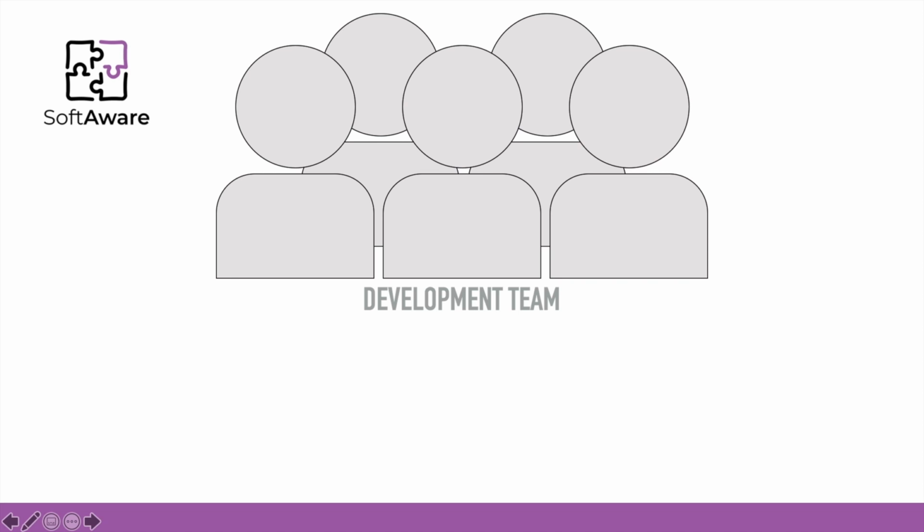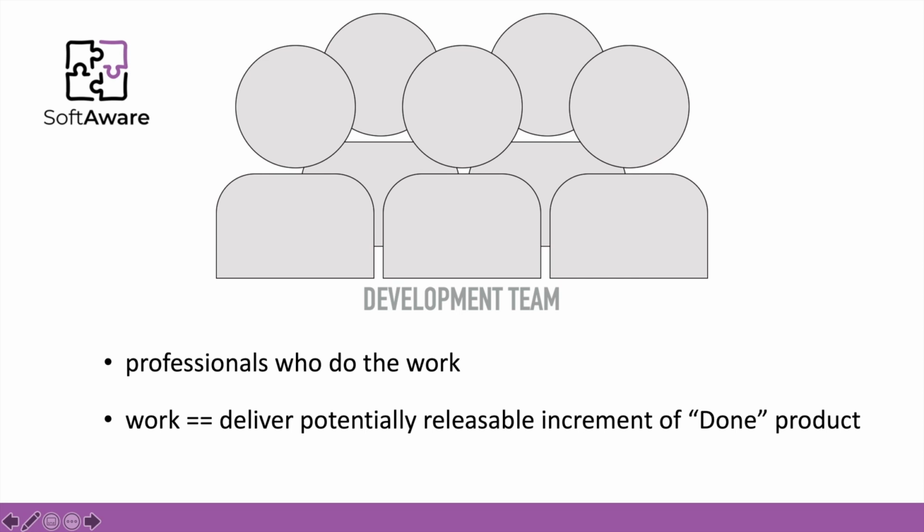The development team has a couple of considerations because someone has got to do the work, right? Work implies, inside of the Scrum framework, delivering potentially releasable increments of done product. So this is basically the working software feature that is stated in the Agile Manifesto. So the development team is the set of people that actually work and deliver the software product as a done product.